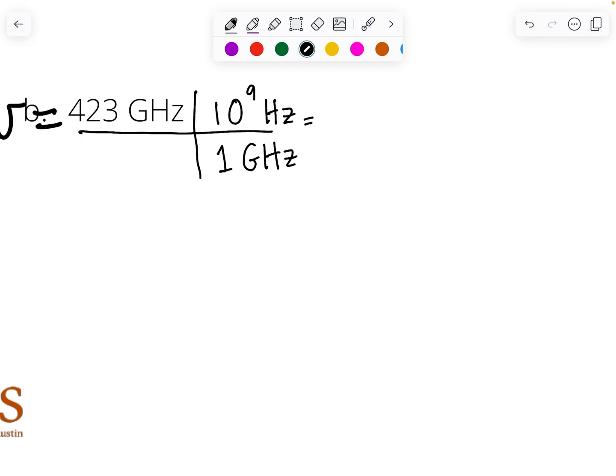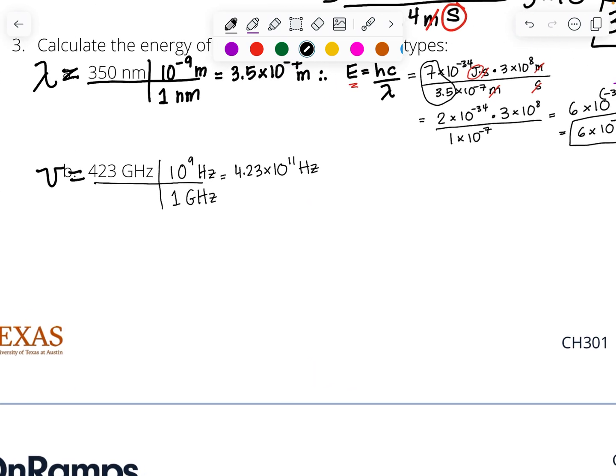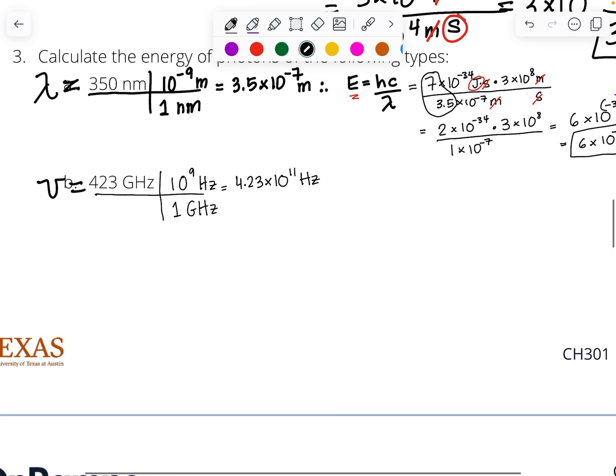Let's move that decimal over twice. So that's going to be 4.23 times 10 to the, going that way, 11 hertz, which is also a per second, right? Okay, so now that we've got our frequency, we don't need to use the equation that we used here because we have frequency.